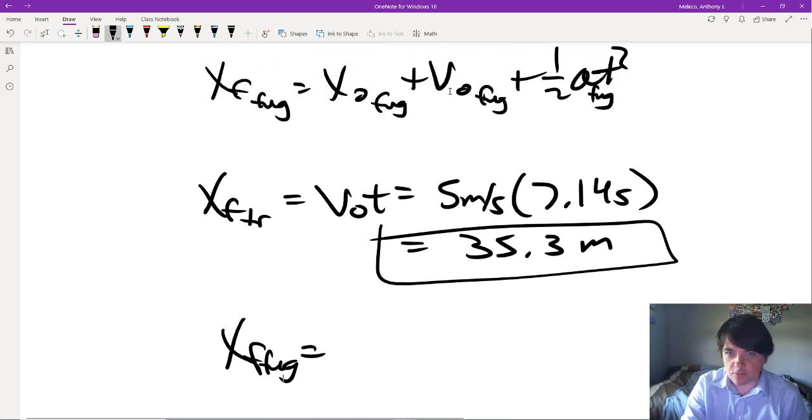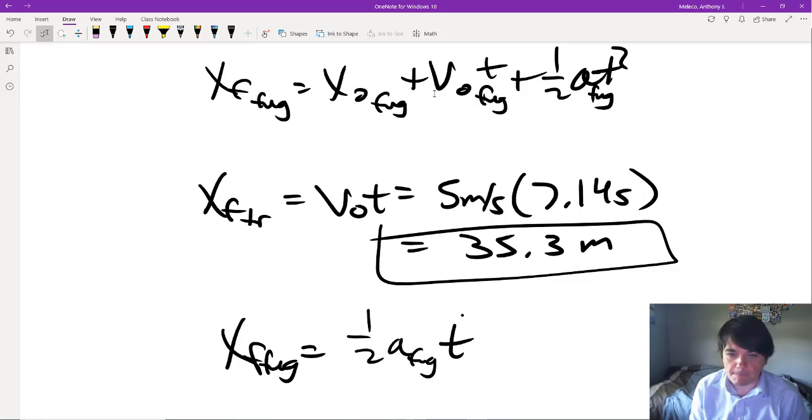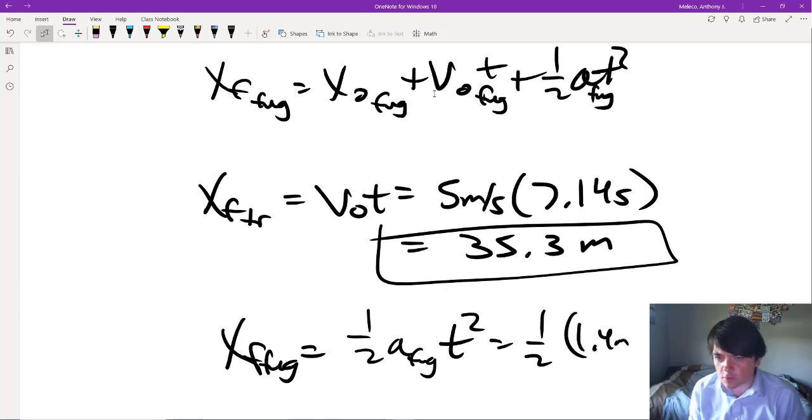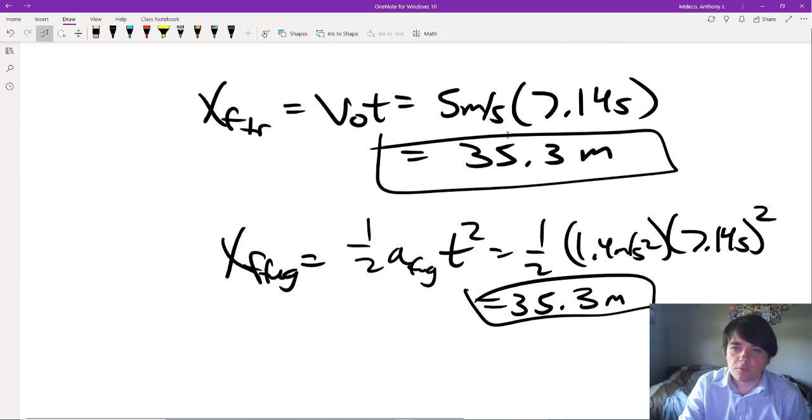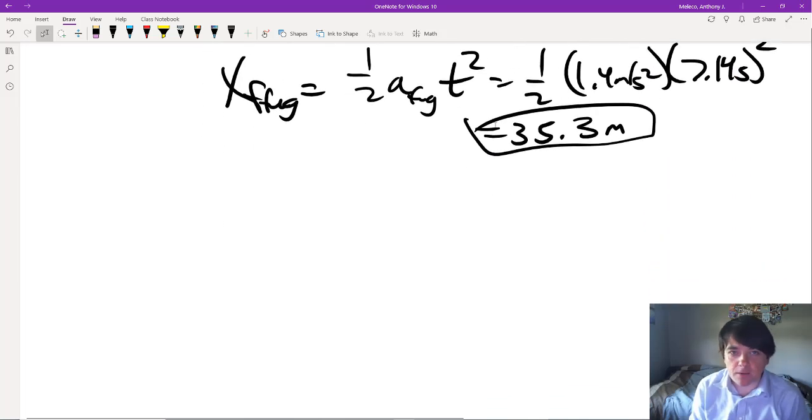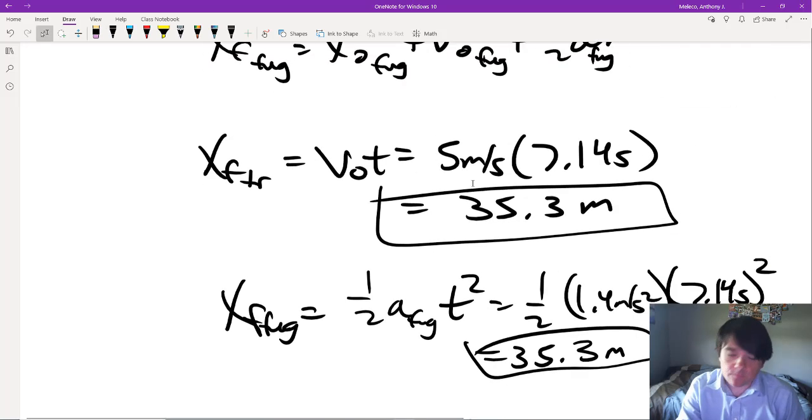This one was 0, this one was 0. One half times 1.4 times 7.14 squared. And this also happens to equal 35.3 meters. So they're the same. And so this problem is now solved.